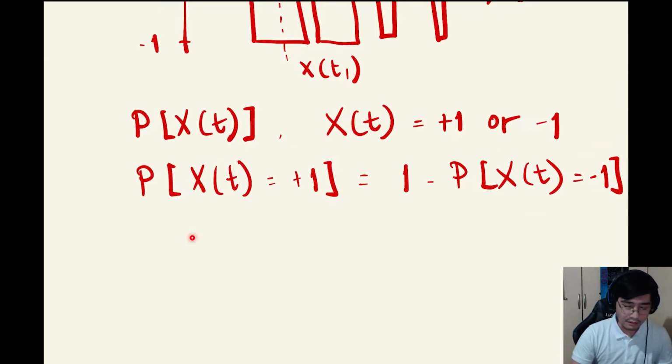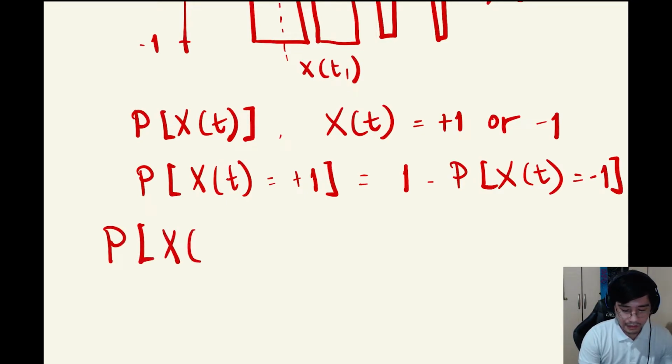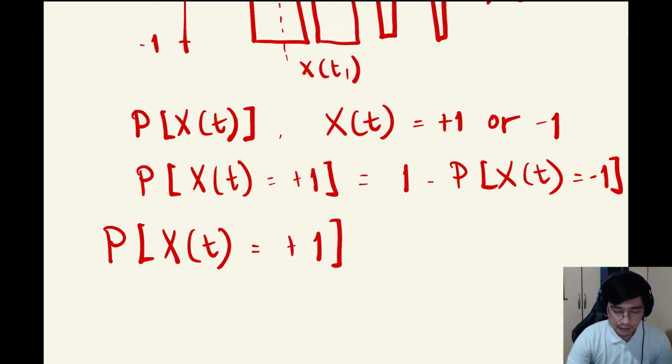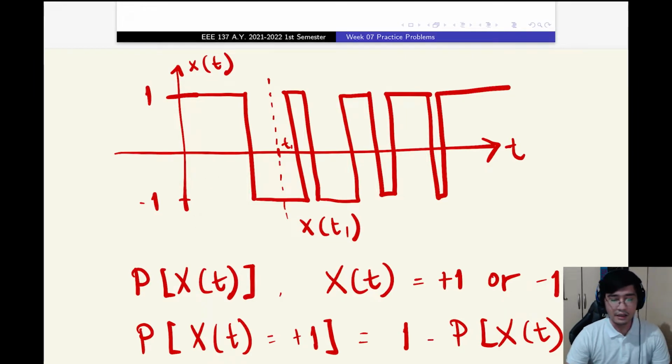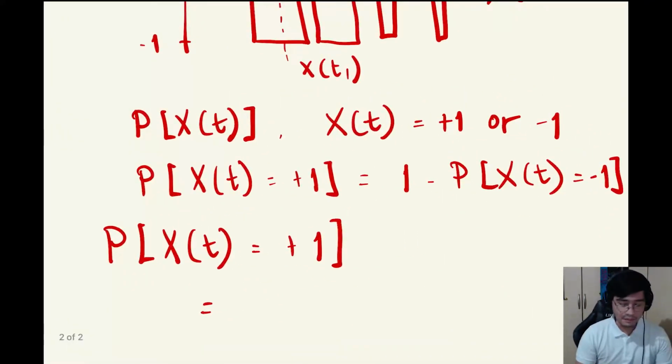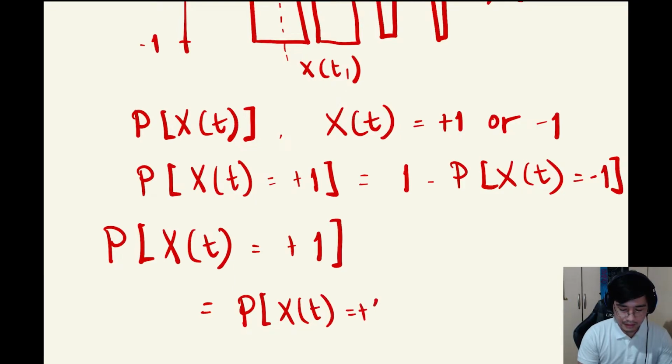So for example, we want to solve the probability that the outcome x of t is equal to positive 1. Okay? So this is equal to, okay, you could use the total probability theorem because we have two possible outcomes here. Either the initial condition is positive 1 or the initial condition is negative 1. So we could use the total probability theorem. So we could get probability of x of t is equal to positive 1 given x of 0, the initial condition, is positive 1.